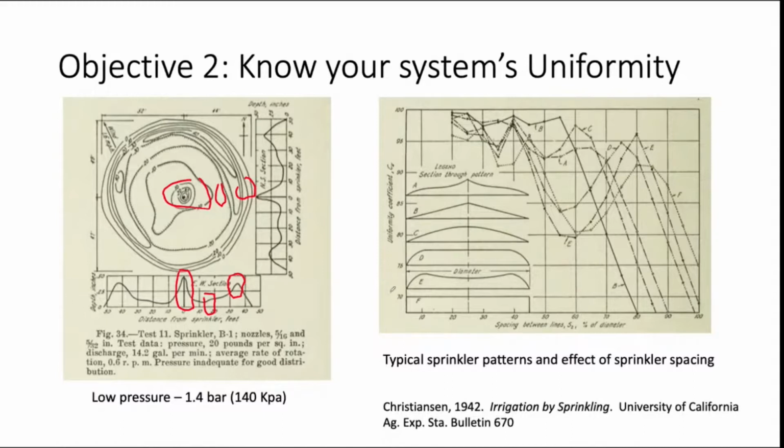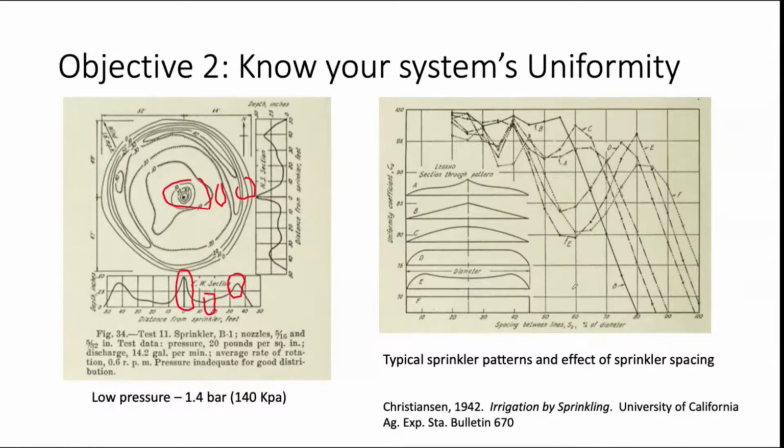This author categorized sprinkler distribution from a single sprinkler into these classical patterns. You see A, B, C, D, E, F, and they're really normalized and simplified to a triangular or kind of parabolic shape, or this type of shape, and even the worst, this kind of donut pattern.